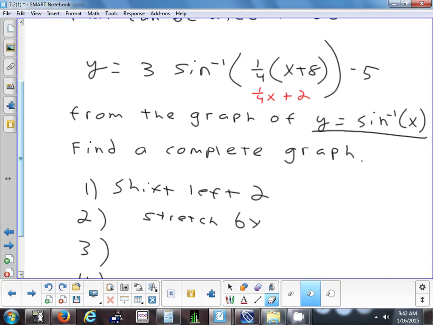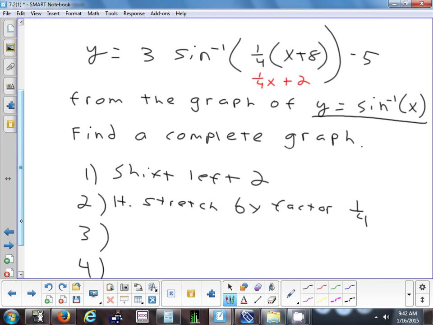Sorry, did you say vertical? Oh. Horizontal. Yeah. So it's a horizontal stretch by a factor of 1/4. What's another way to say that? Instead of saying stretching by 1/4. You're compressing it by a factor of 4. Compressing by a factor of 4. Could say that too. All right.